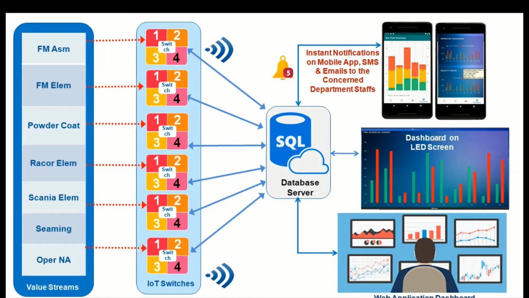The same application can be viewed on the user computer as well as on the LED screen available on the factory floor. Now let's go into the application and see the live demo.